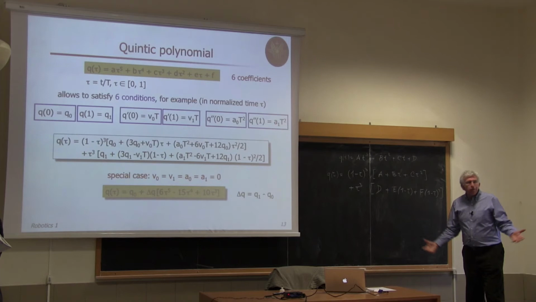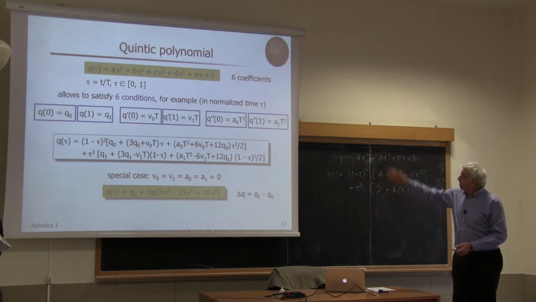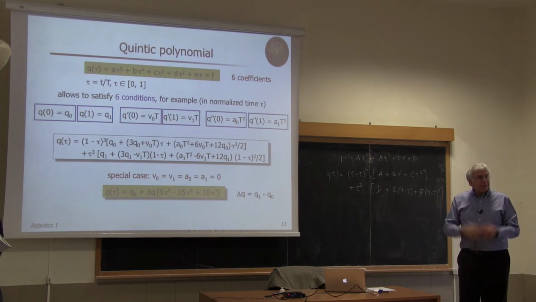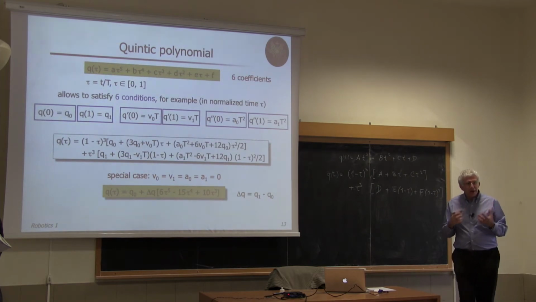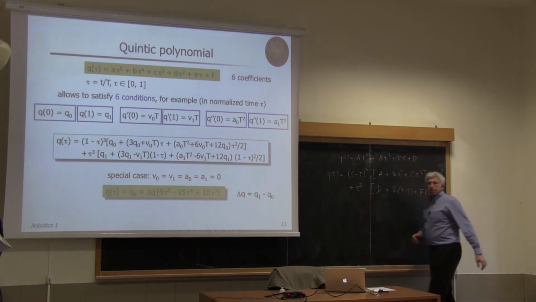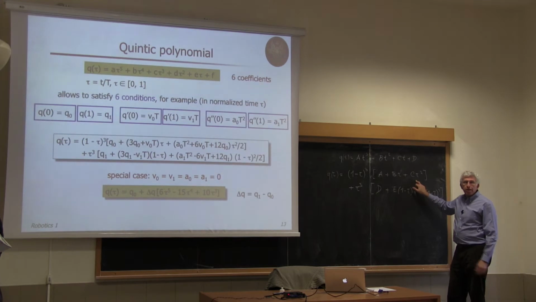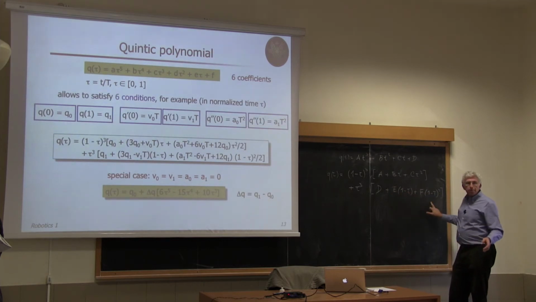It's another way of writing a polynomial of degree 5, like the one on top. But it has a nice structure. Why? Because thanks to this factorization, those coefficients will depend only on the conditions imposed in tau 0: position, velocity, acceleration. While these coefficients will only depend on the conditions imposed on tau 1.